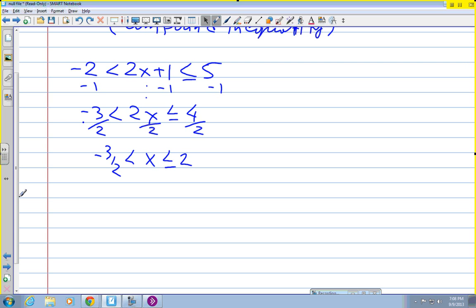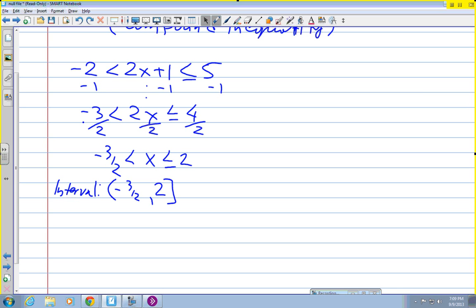Now, in the interval notation, it's everything in between negative 3 halves, not including negative 3 halves, and 2, including 2. So we would write it from negative 3 halves to 2 with a bracket around 2. Right?